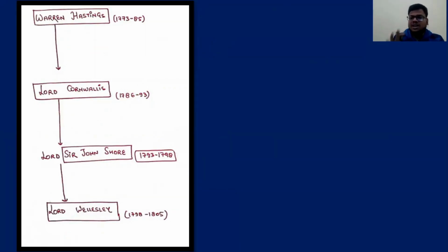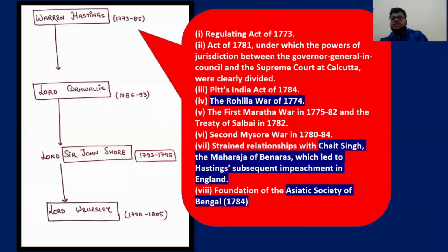So till now, within the Governor Generals, we have discussed Warren Hastings. In the time of Warren Hastings, we discussed the Regulating Act, the amendment of 1781, when the jurisdiction between the Governor General and the Supreme Court was clearly divided, and the Governor General was placed above the Supreme Court.